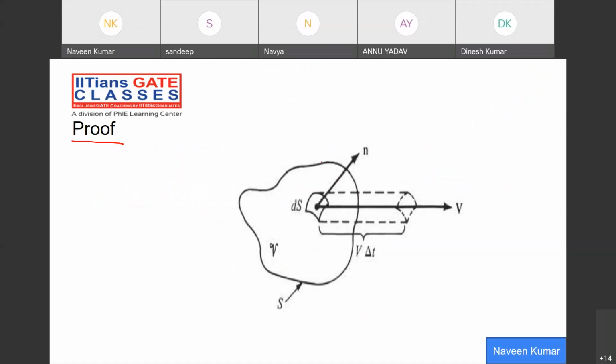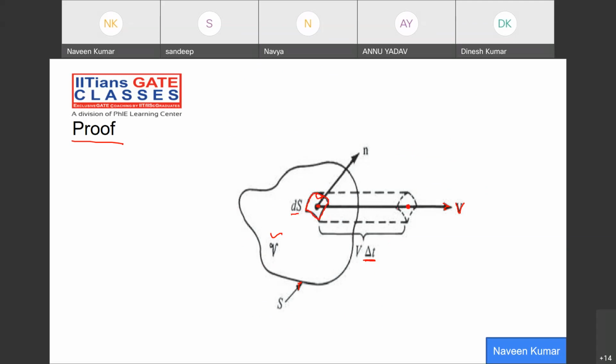We are assuming a control volume of volume V, with the control surface S moving with the fluid element with velocity V. This is a small elemental surface dS I have taken, and after time delta t, it will be reaching here.